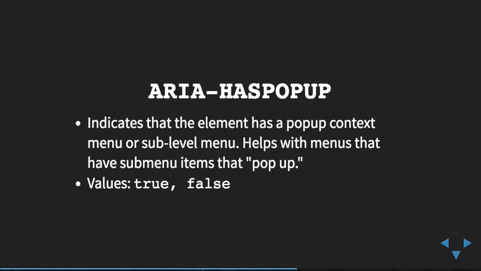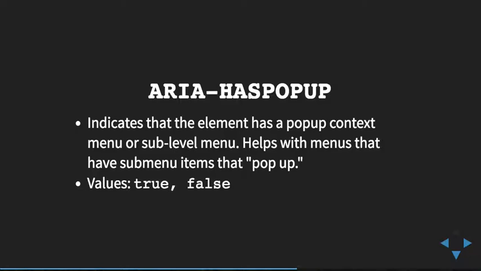All right, ARIA has pop-up. Not to be confused with ARIA expanded. This is another one that I always kind of got confused. But the best way to think about it is the ARIA has pop-up does not change states, really. It either has a pop-up or it doesn't. The default value is always going to be false, so unless you set it to true, it's not going to say anything about it.